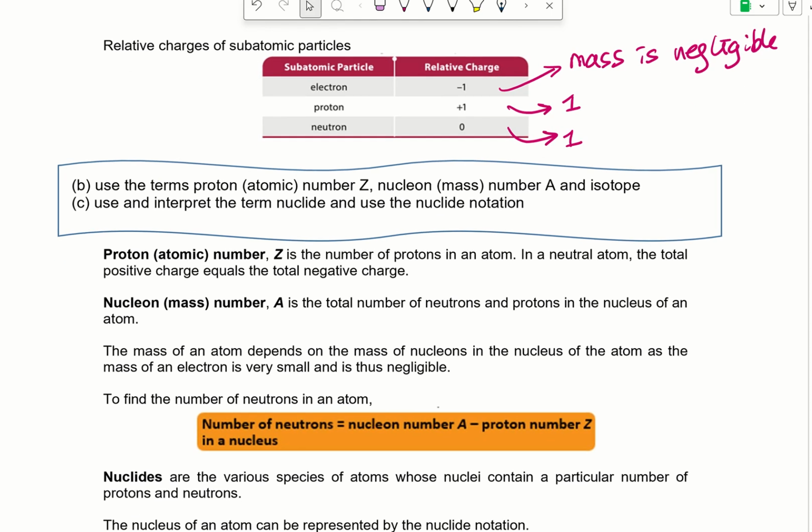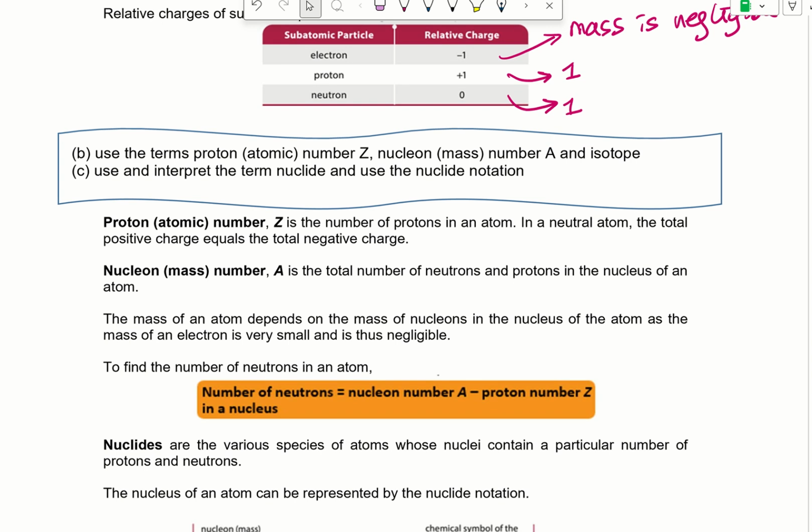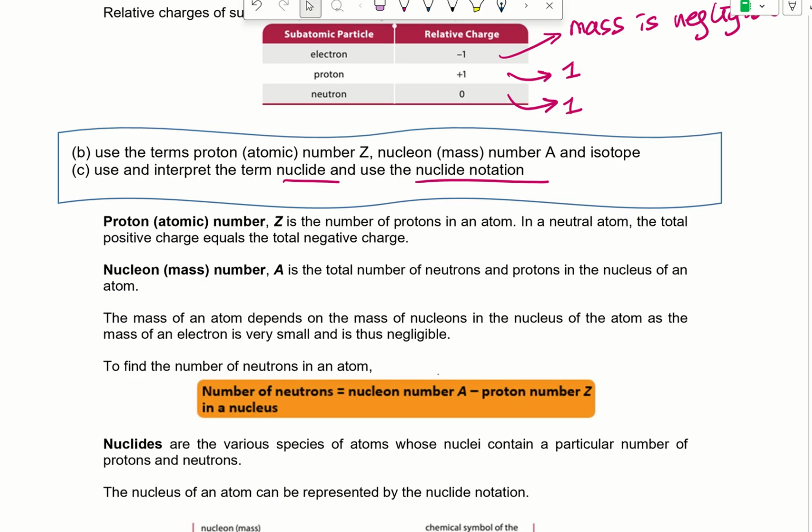B, use the terms proton number, which is the atomic number, Z, nucleon number, which is the mass number, A, and isotope. Then success criteria C is use and interpret the term nuclide and use the nuclide notation. The proton number Z is the number of protons in an atom. So in a neutral atom, the total positive charge equals the total negative charge.